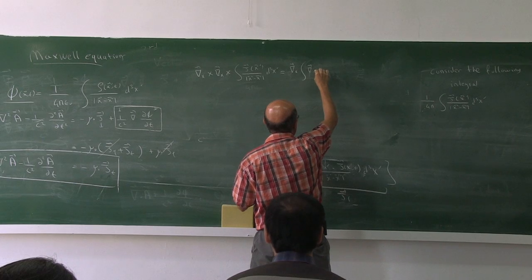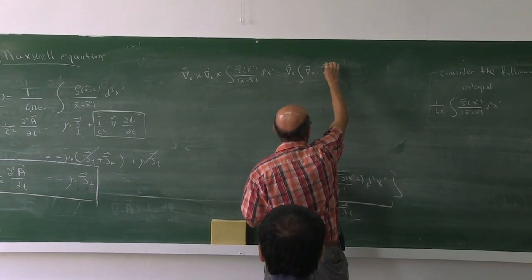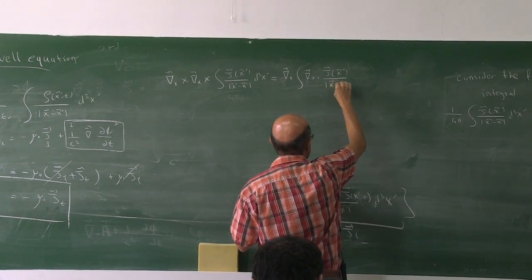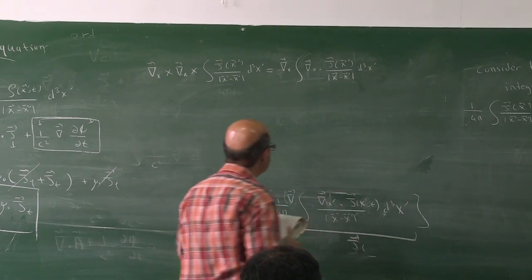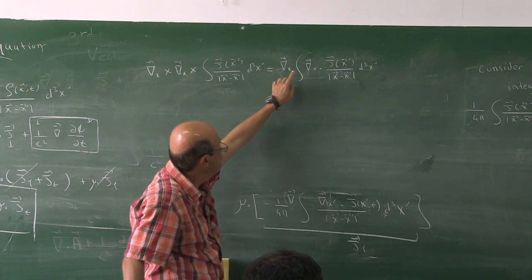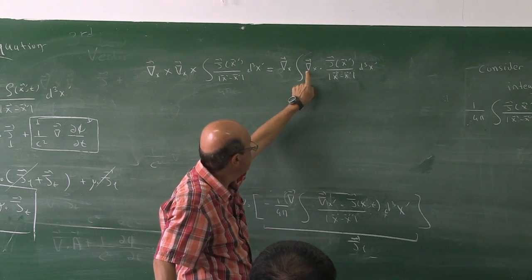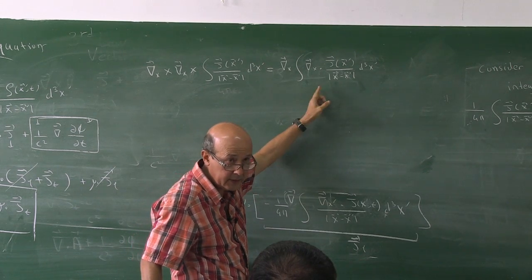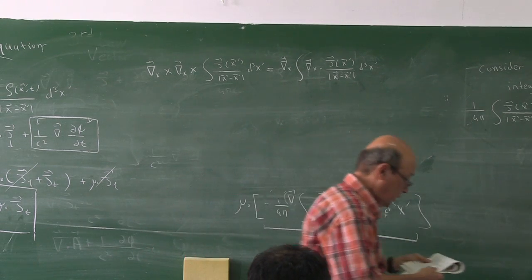gradient of divergence of current density divided by x minus x prime d cube x prime. This is the first term. Actually, that is gradient of divergence of this integral, but this operator depends only on x, so you can take it inside, okay? No problem here.